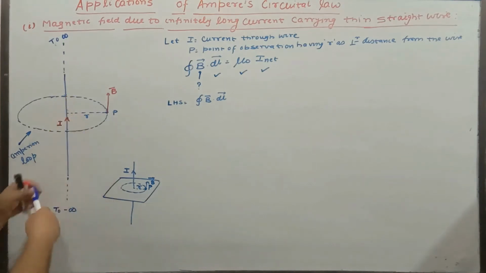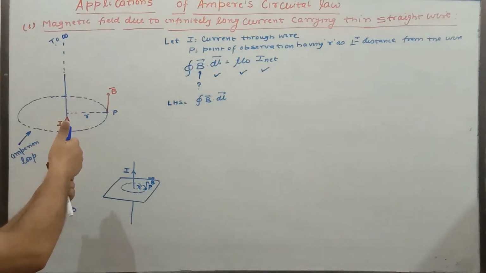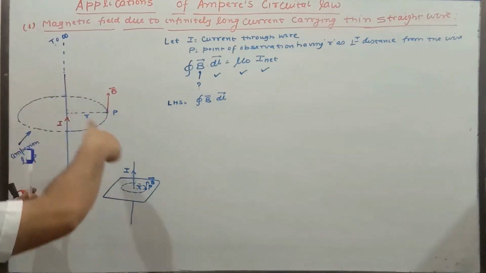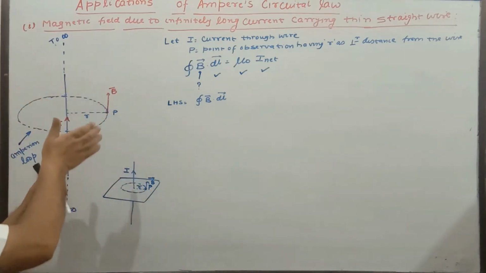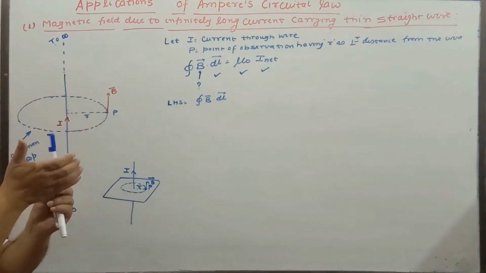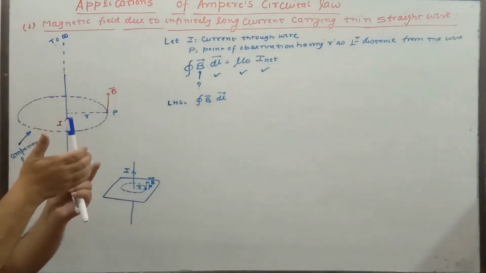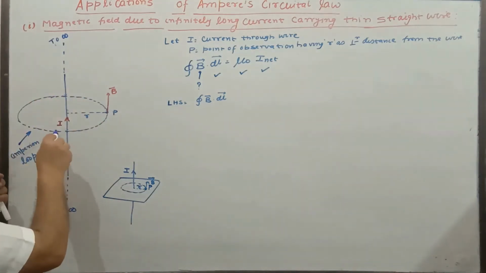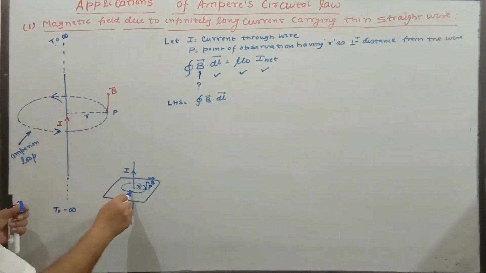Here if you grip the wire like this and the thumb is in the direction of current, and we are traversing, suppose anti-clockwise, the Amperian loop, so we grip the wire somewhat like this and this curl is in the direction of traversal. Suppose we traverse in this direction, here also the same.